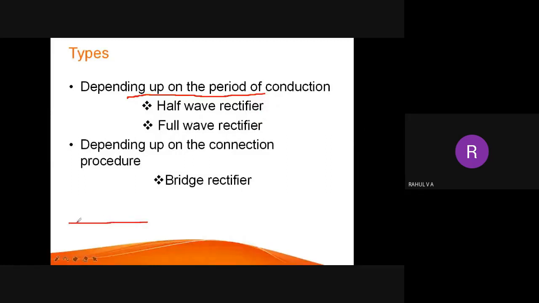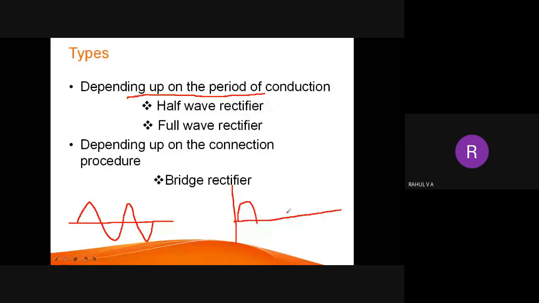If you have an AC supply like this, I can draw one more cycle. If you use a half wave circuit to convert it to DC, you will get an output waveform like this.